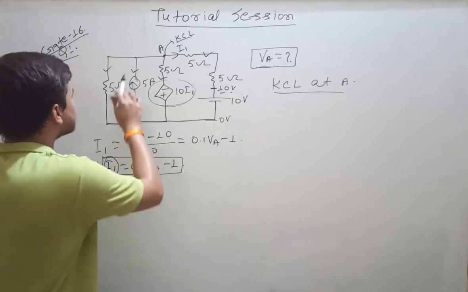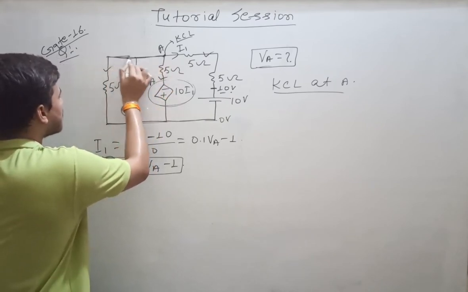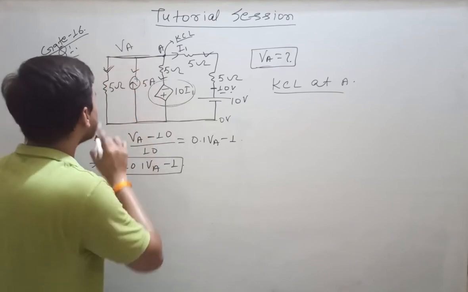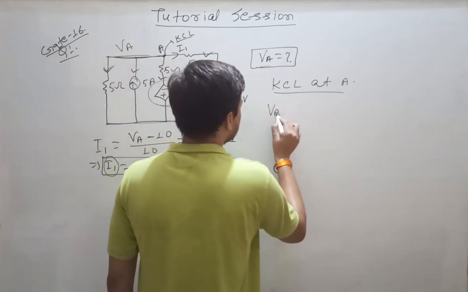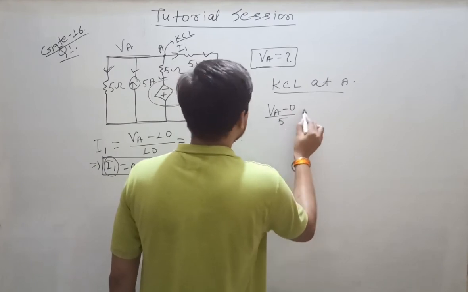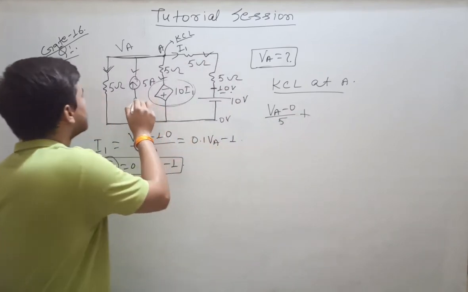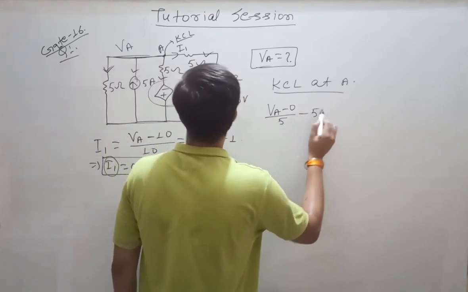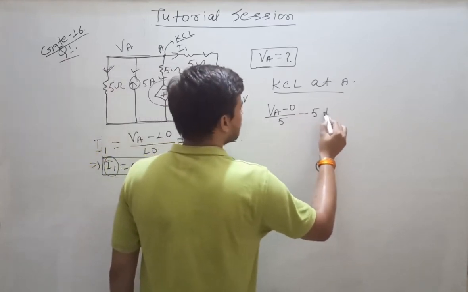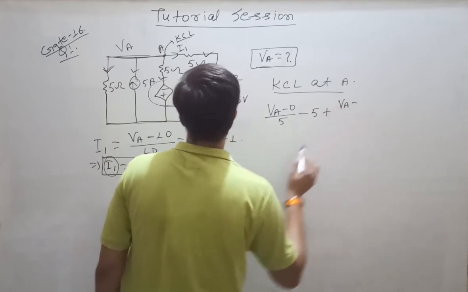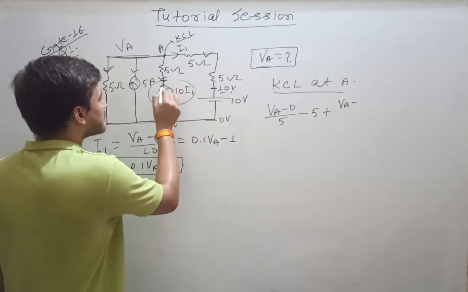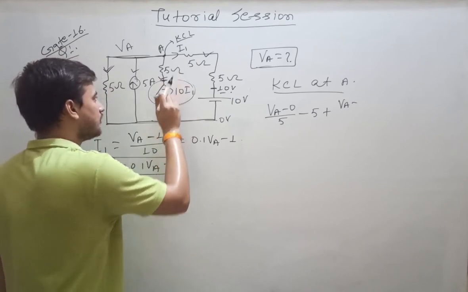So come to first branch. You see potential of all the nodes are equal to VA. So here the current will be outgoing current. It will be VA minus 0 divided by 5 plus second branch, the current is incoming, that means here it will be minus 5 plus come to third branch. Third branch the current will be, here potential is 0 volt, here potential is minus 10 I1 because there is potential drop.